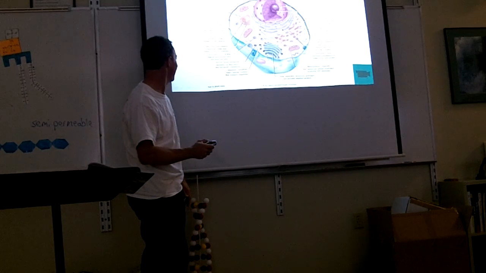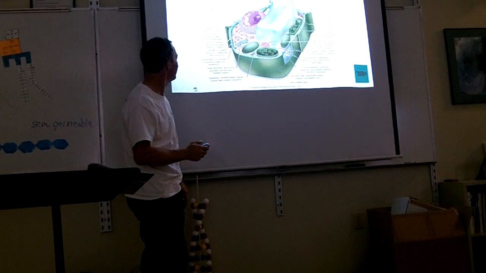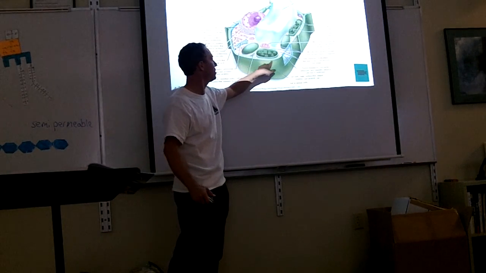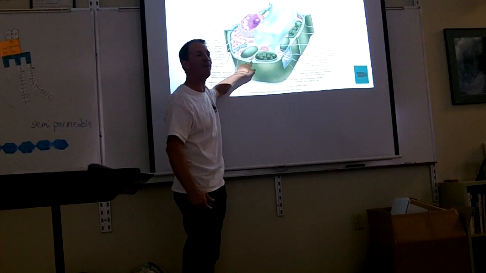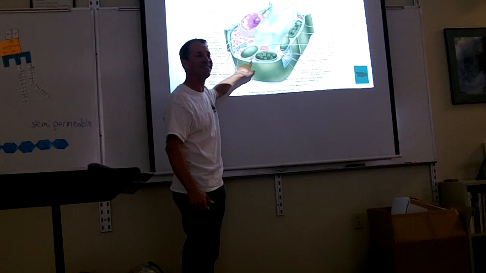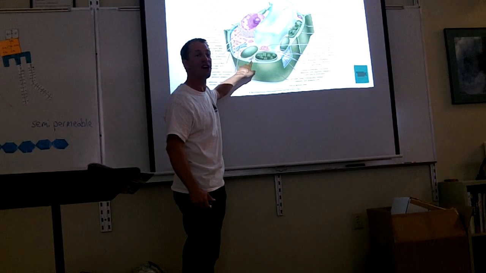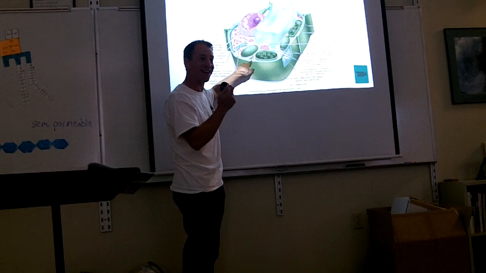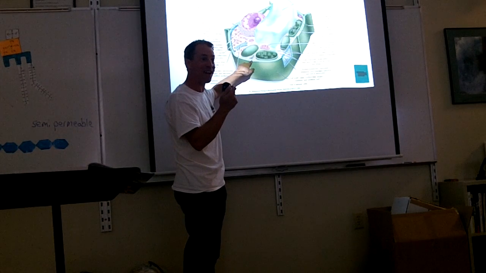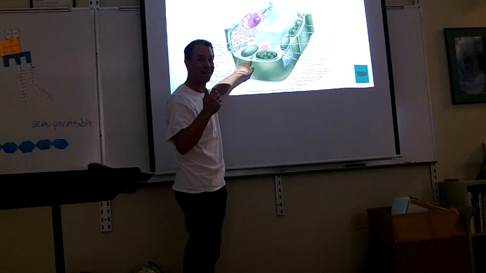Plant cells have cell walls. What's the cell wall made of? Do you remember? Cellulose. It's that carbohydrate, that polysaccharide that we studied in chapter 3.